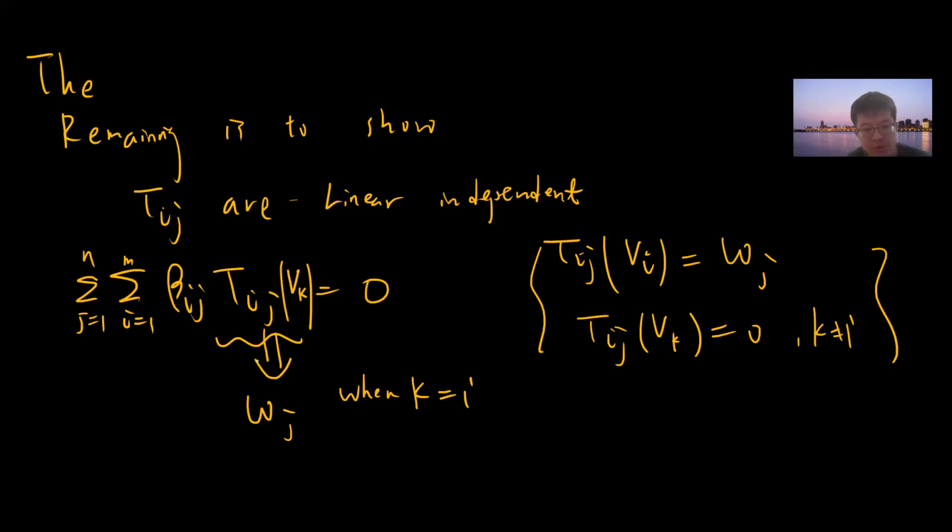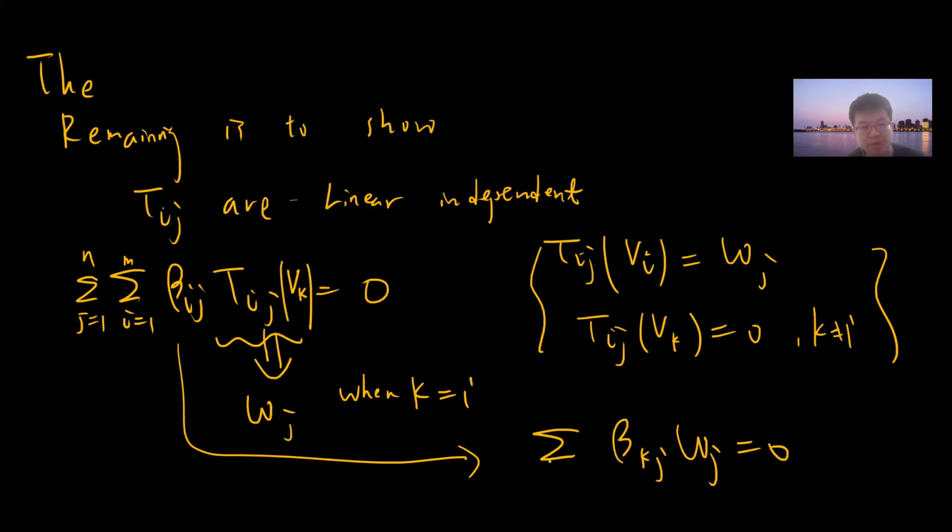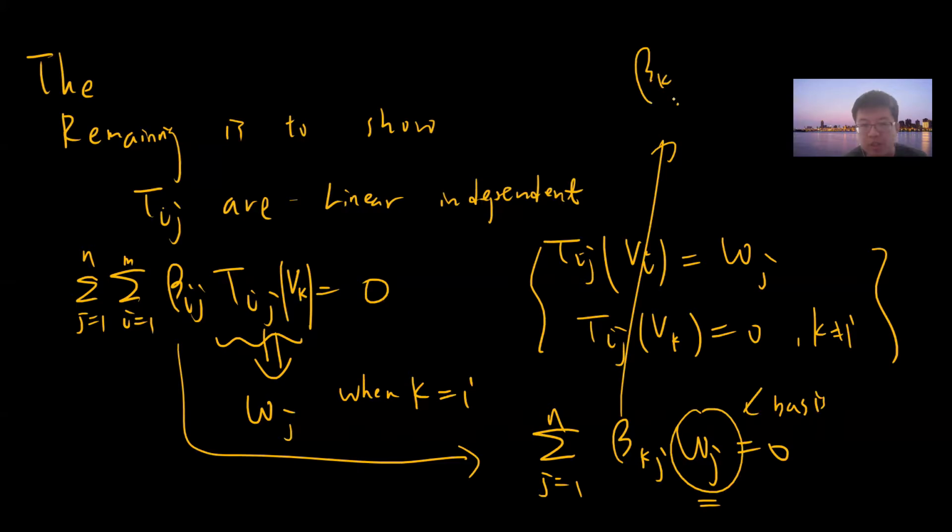So when you run over i, only i equals k survives. So you get beta kj wj, which is 0. So your i disappears, and you get j. But by definition, I know that wj is a basis, so you show that beta kj is 0.